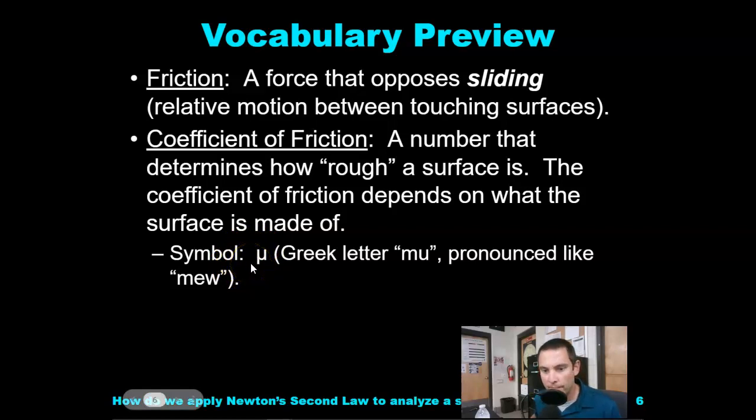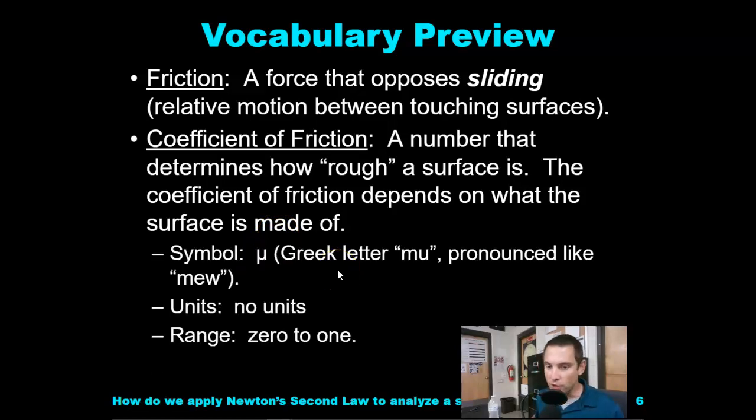Looks like a little U, Greek letter mu, pronounced like the Pokemon. There are no units, it's simply a ratio, so the range will be from 0 to 1. 0 is a very low coefficient of friction, where 1 is a maximum coefficient of friction. That is an immovable object.